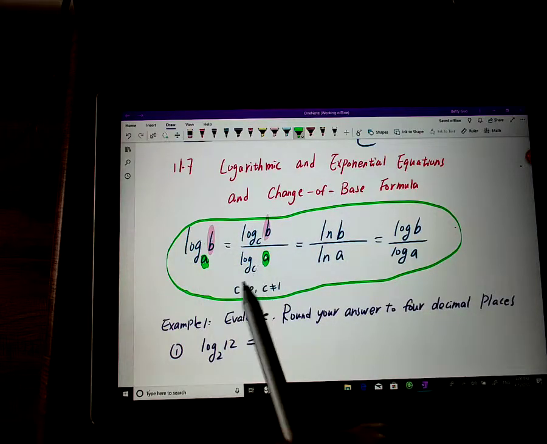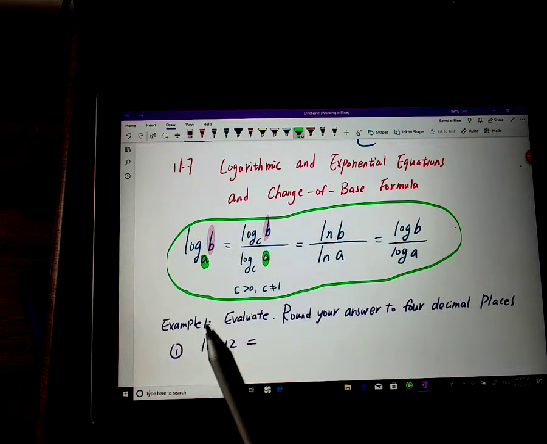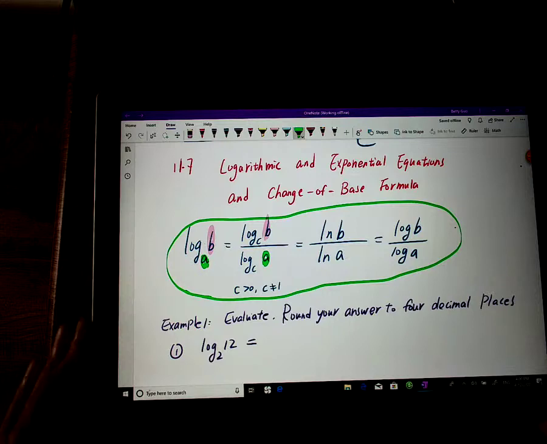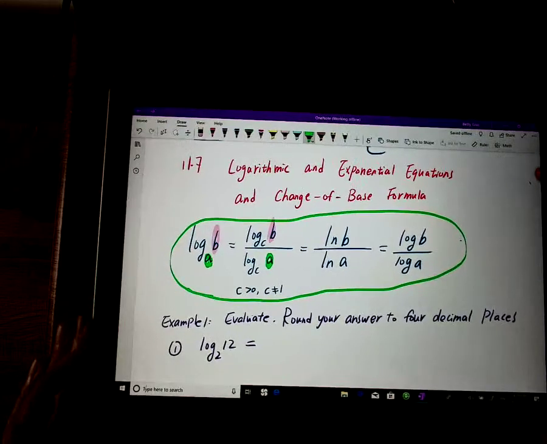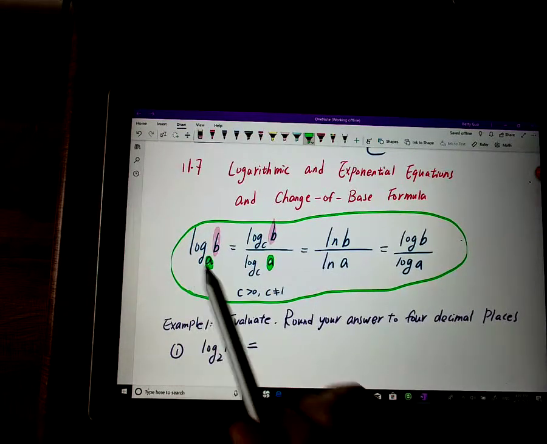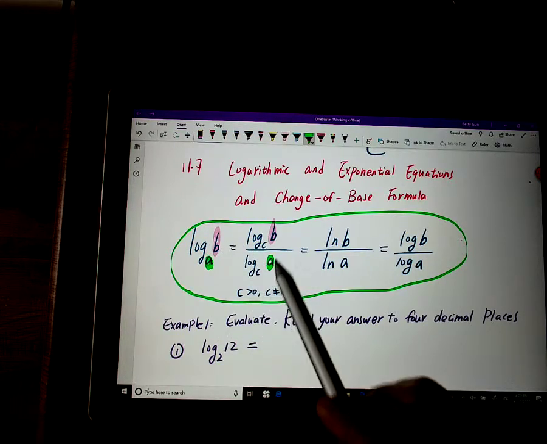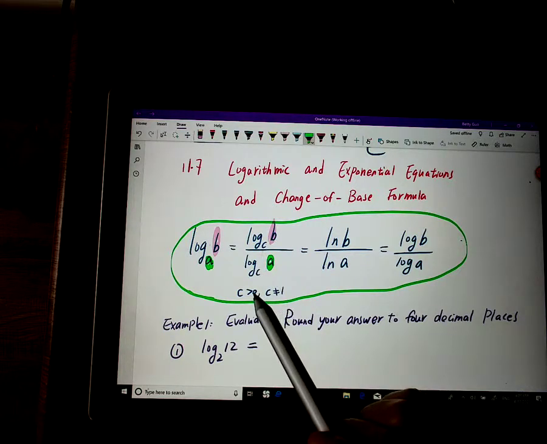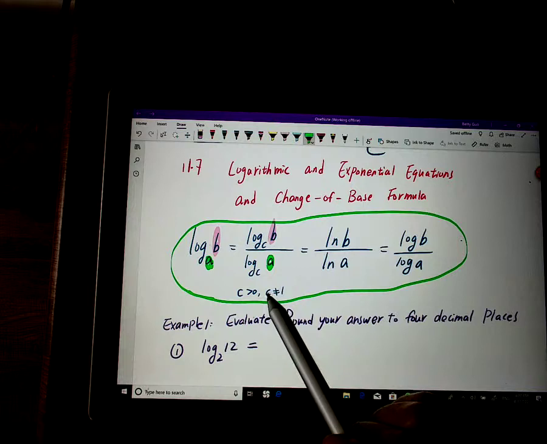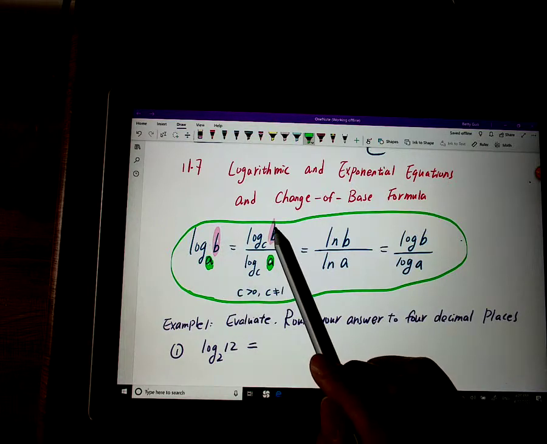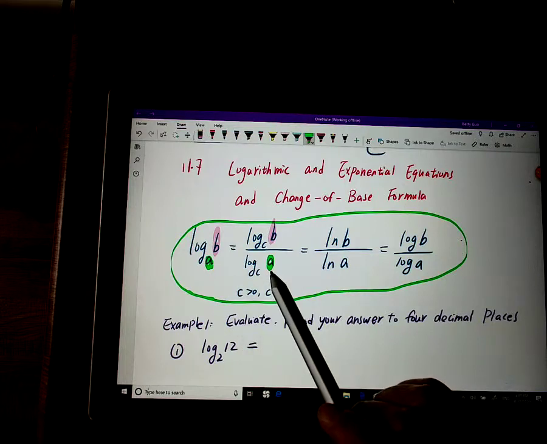This is the formula. Of course, we don't spend time to prove the formula. We only need to know what the formula is and how we apply it. Any logarithm could be written as the quotient of two like basis logarithms. The base c could be any positive number different from 1. b goes on the top as the antilog. a goes on the bottom as the antilog.